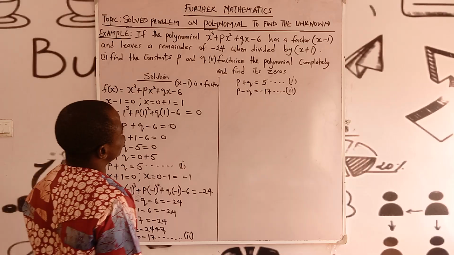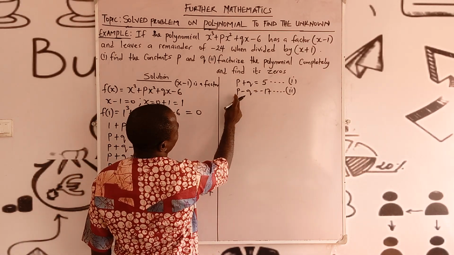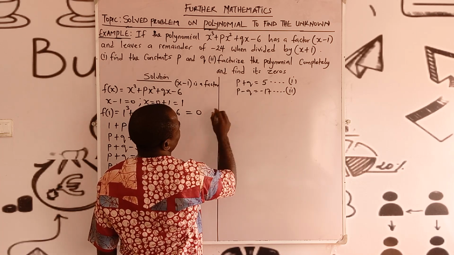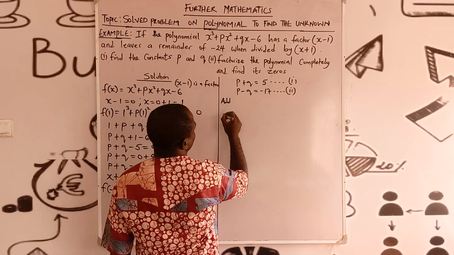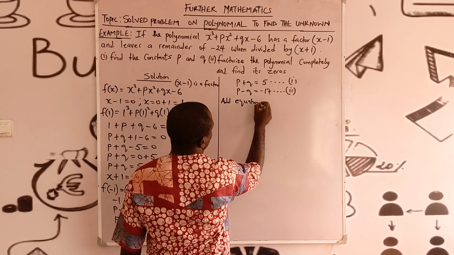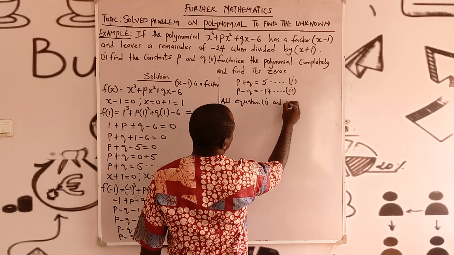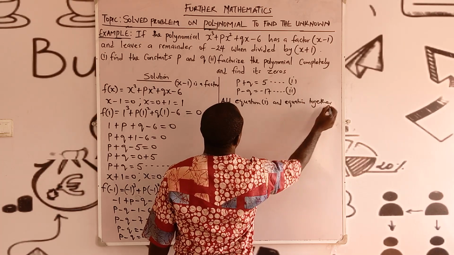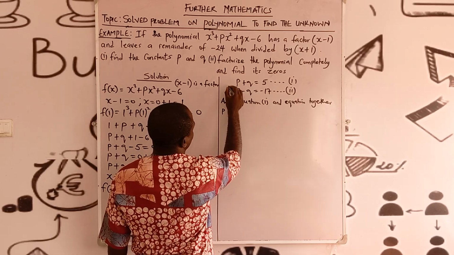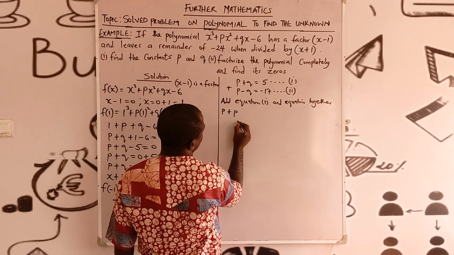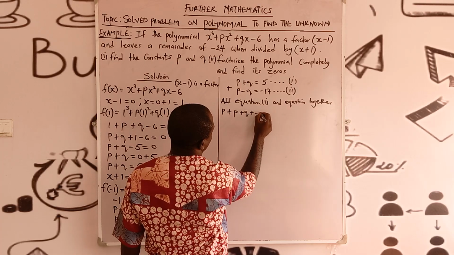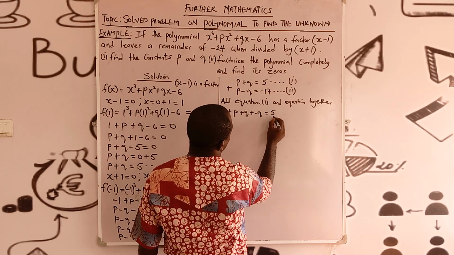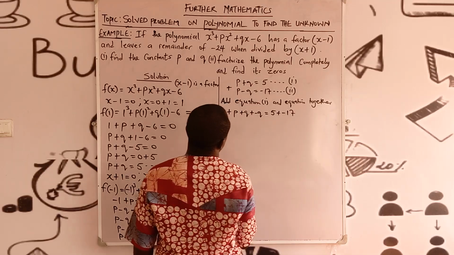Okay, now what you need to do is look for p or q, depending on what you want to do first. But let me add equation 1 and equation 2 together. When you do that, p plus p plus q plus minus q, adding it together, equals 5 plus minus 17.